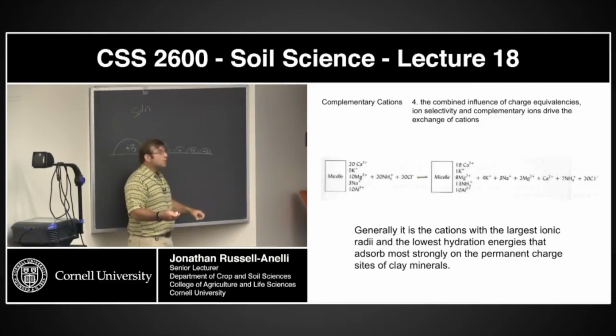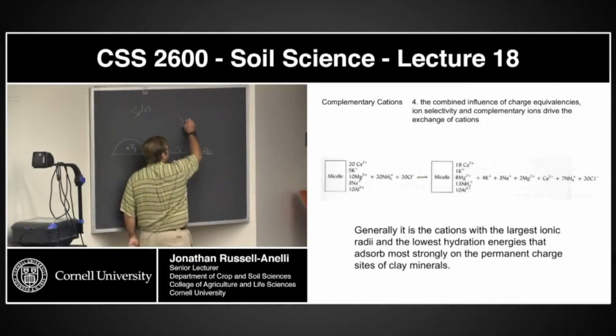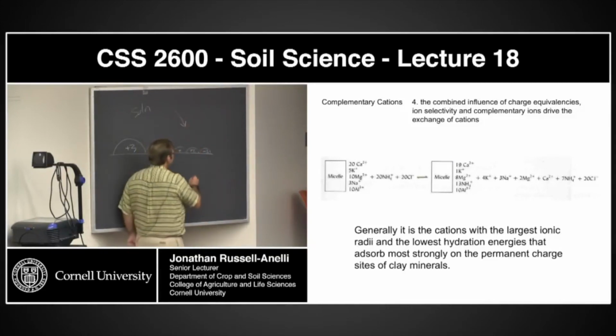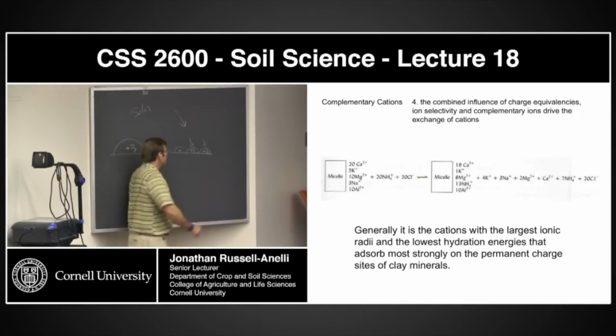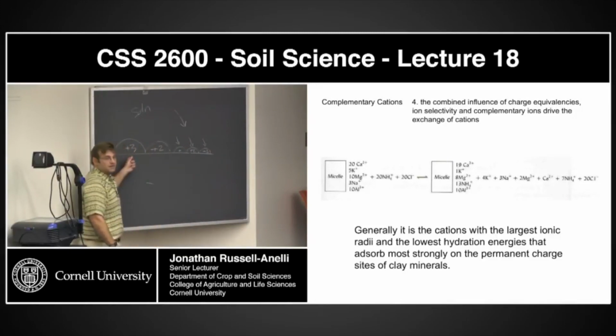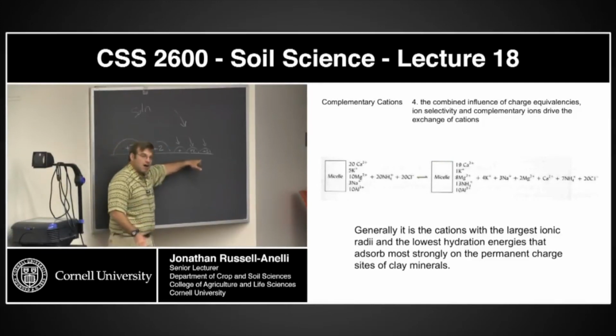Which means when things come in to compete here, it's more likely to pop this guy off than this guy off. And it's more likely to pop this guy off. This guy over here is sitting pretty. So it's the combination of the ions that are on the site that are also going to contribute to what's going to get popped off, what's going to be exchanged. Does that make sense?